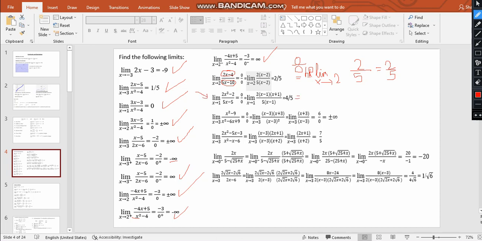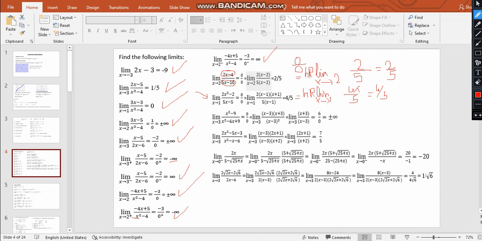We write, since the limit is 0 over 0, we can apply L'Hospital's rule. So it's limit as x tends to 1. We do derivative up over derivative down 5, replace x by 1, you're going to get 4 over 5. Here, limit as x tends to 3, same story, 0 over 0.